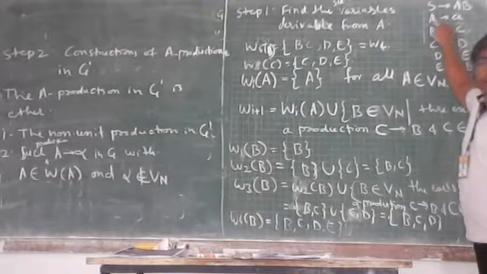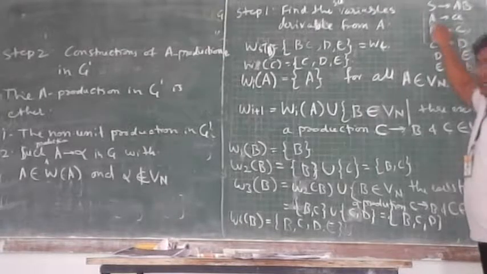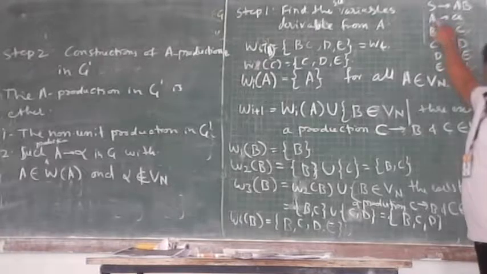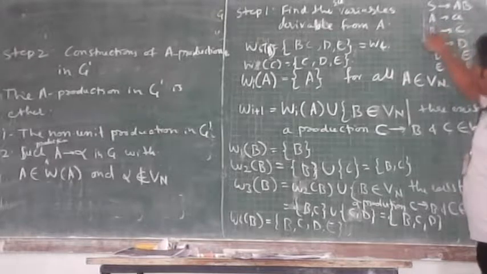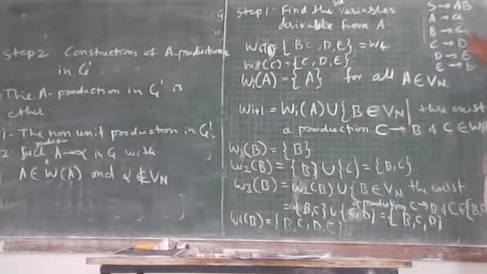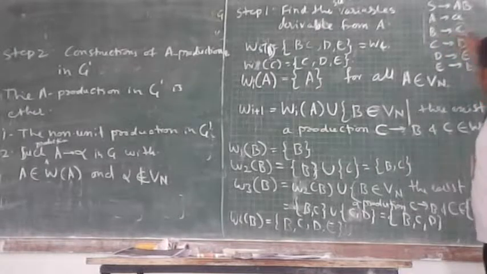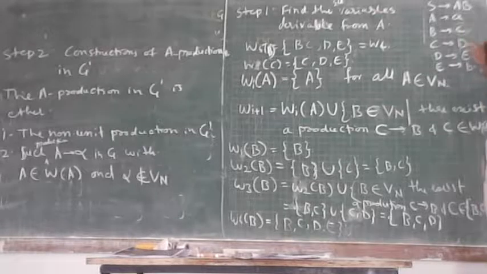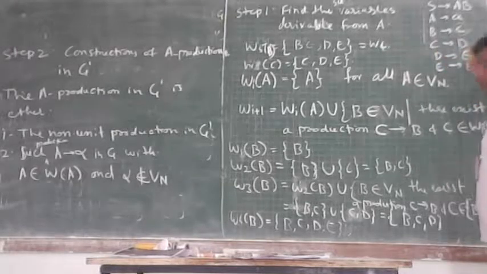WA, what is WA? It was A. It means it is itself, it is not having any unit production. WB: B is having C, D, E unit productions. This WB gives you B, C, D, E, which means it is giving C, D, E. This kind of unit productions exist in the graph. Now C is giving you C, D, E. It clearly says that WC is D, E.